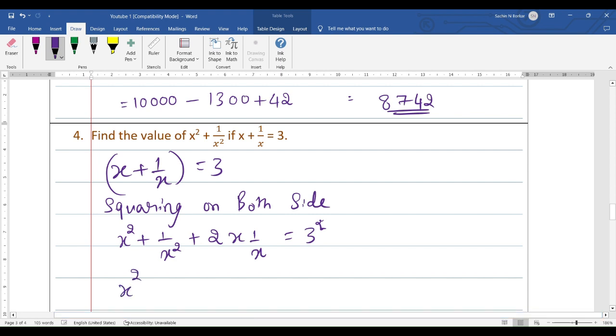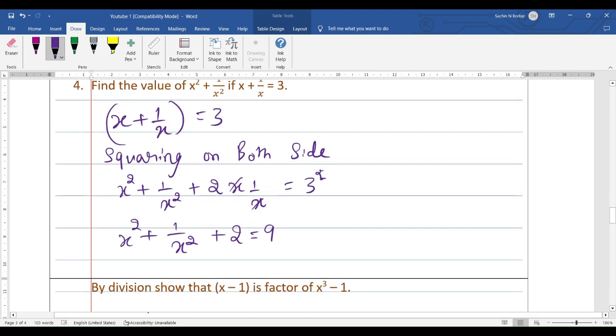So x square plus 1 by x square, x cancels the x, plus 2 is 9. So simplifying, that will be x square plus 1 by x square, subtracting 2 on the other side, it's 9 minus 2, 7 is the answer.